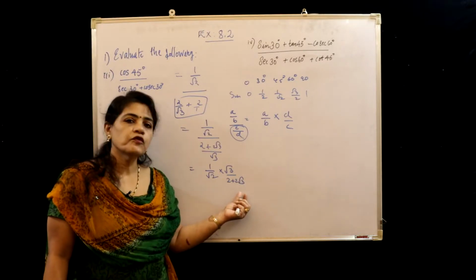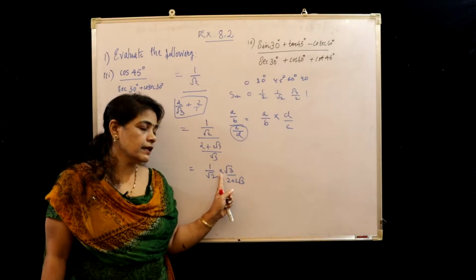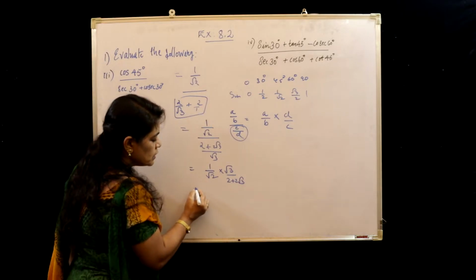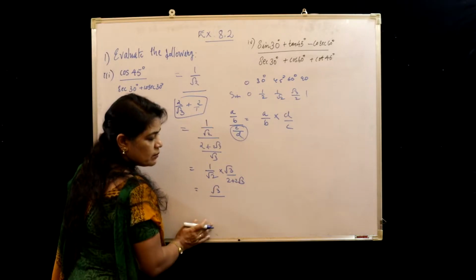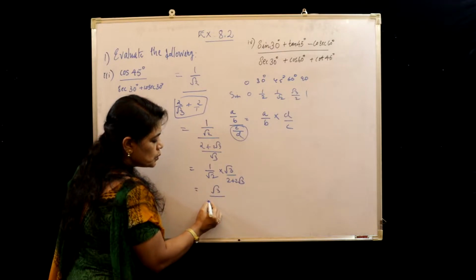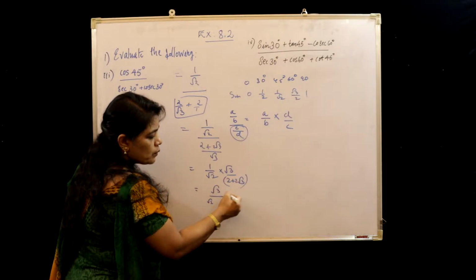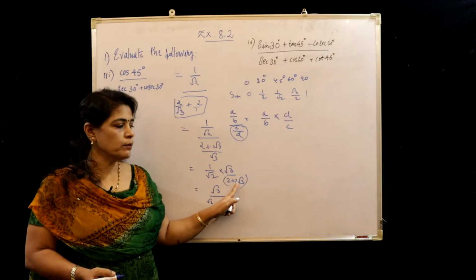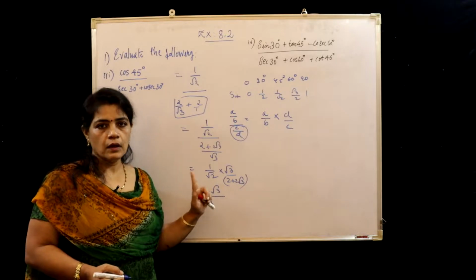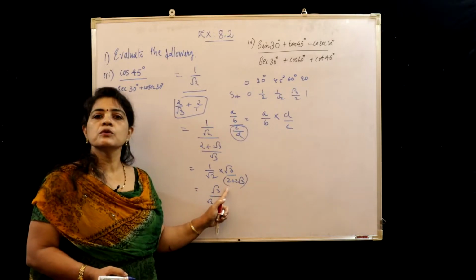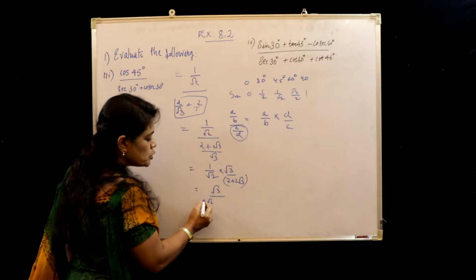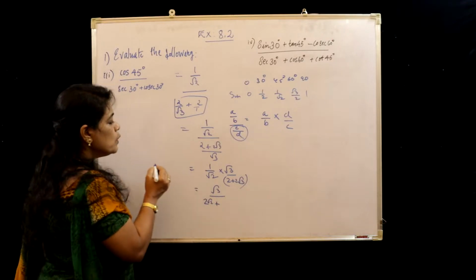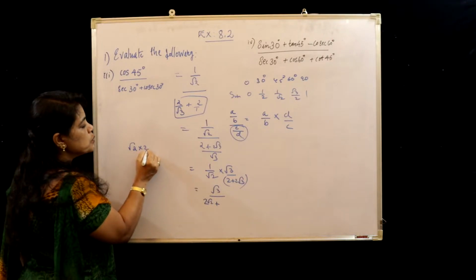Okay, now we have two factors under multiplication, so multiply the numerators and the denominators. So 1 into root 3 is root 3, divided by root 2 into (2 plus 2 root 3). That means we have to multiply both the terms with root 2. It is clear? So root 2 into 2 is 2 root 2, and plus root 2 into 2 root 3.